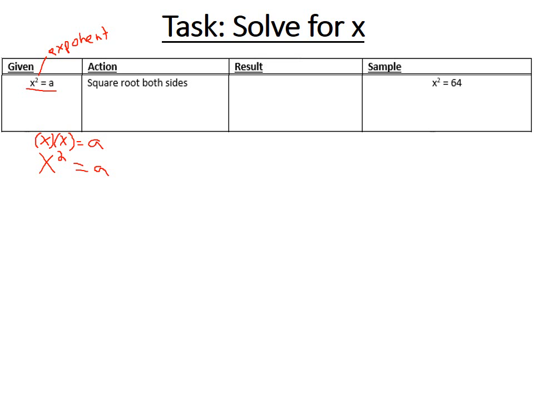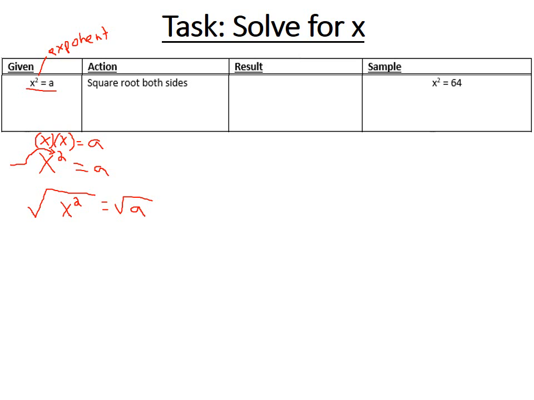So in order to get rid of this squared here, you can use a function on your calculator called the square root. So to get x, what you do is you take the square root of both sides. So square root of x squared is equal to, you have to do square root on the other side, square root of a.